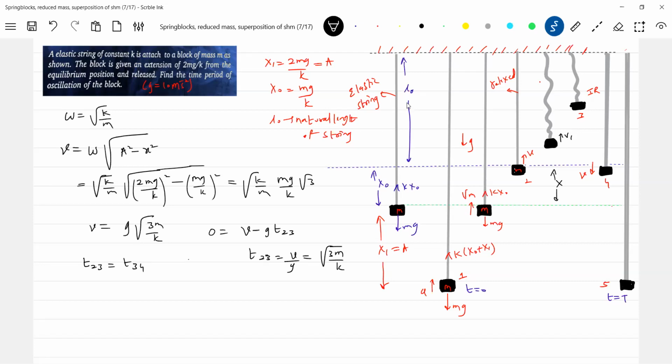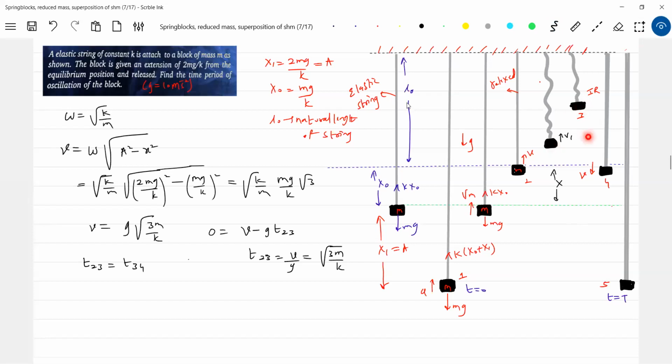I think we are in a far better position. I'll go for the next part of the problem.